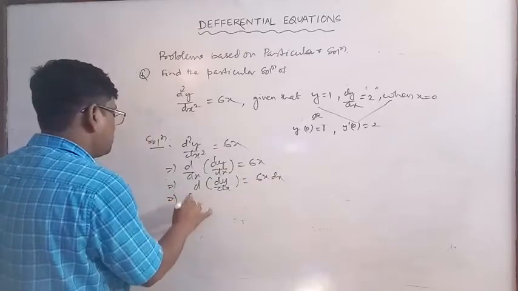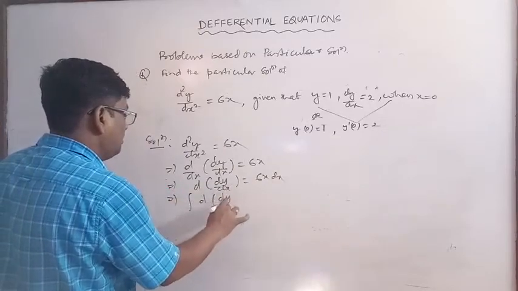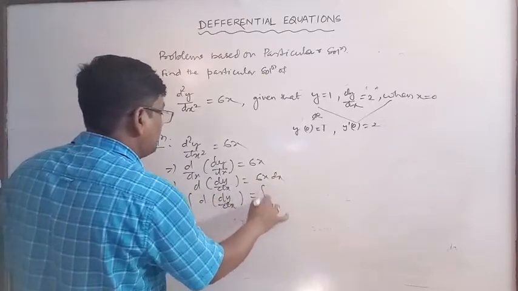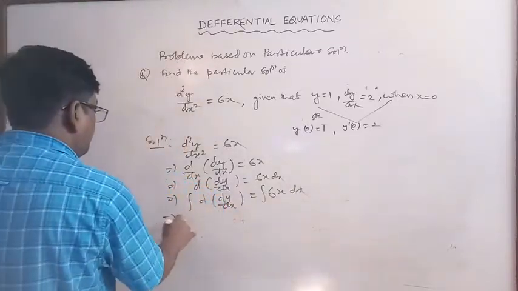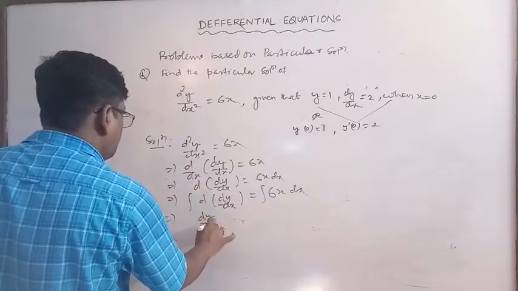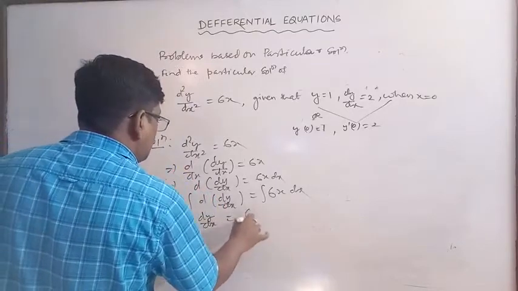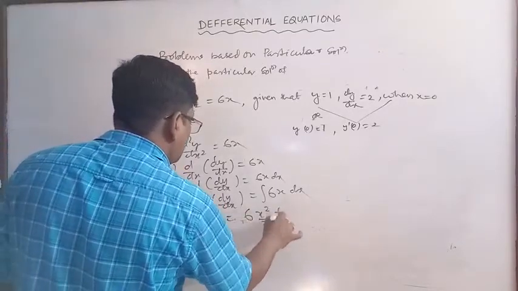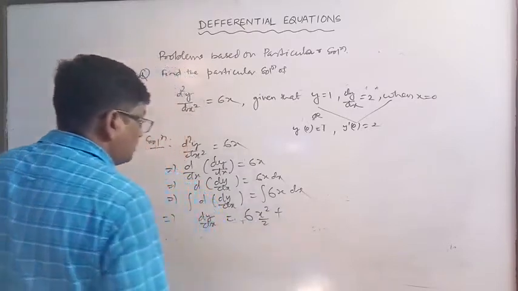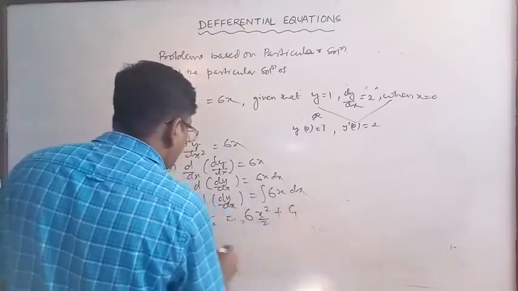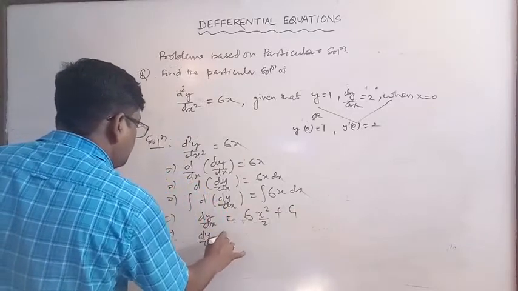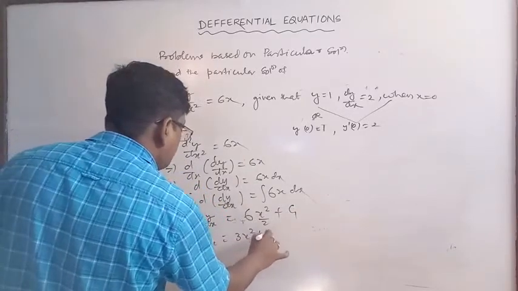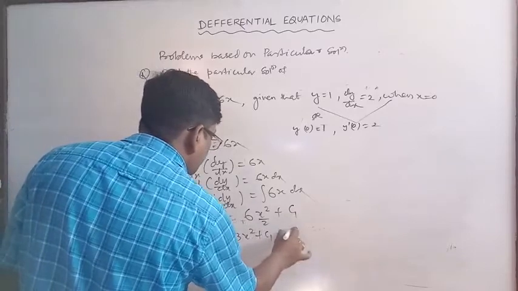Now integrating both sides, integration of d of dy by dx is equal to integration of 6x into dx. So dy by dx is equal to 6x square by 2 plus c1. So dy by dx is equal to 3x square plus c1. Suppose this is equation 1.